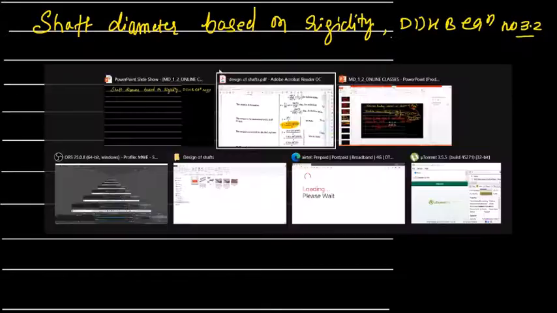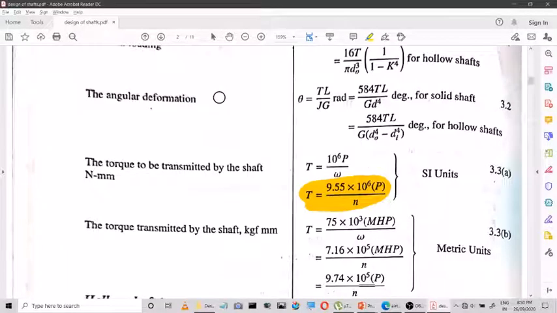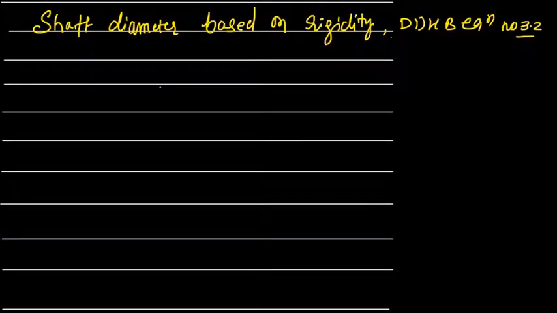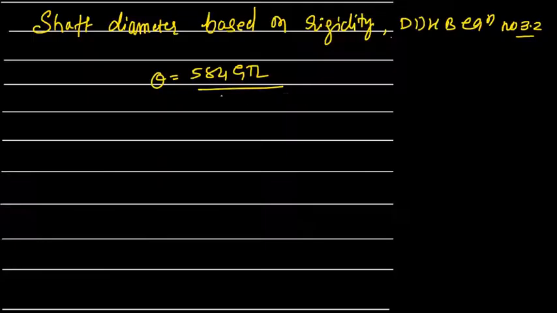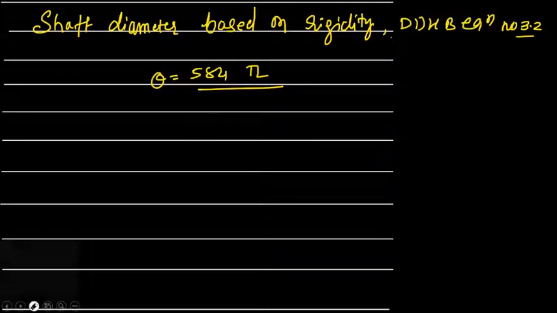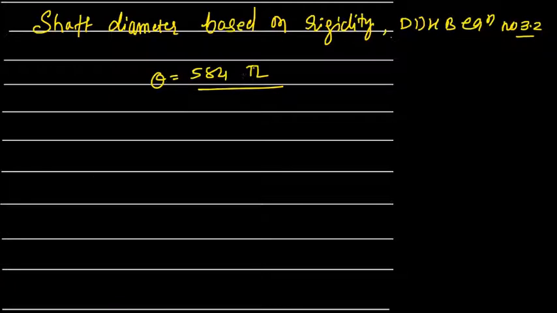So what is their equation? Theta equal to 584 T L divided by G d to the power of 4.